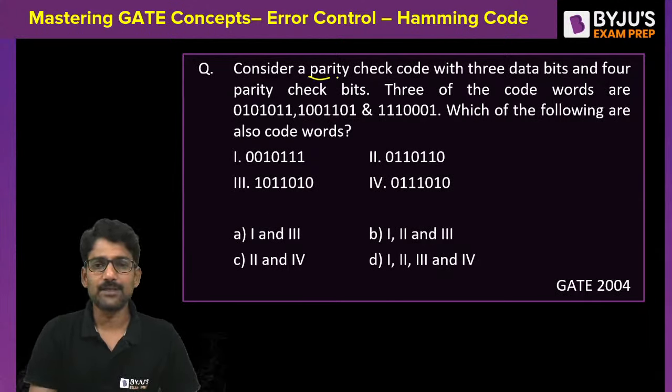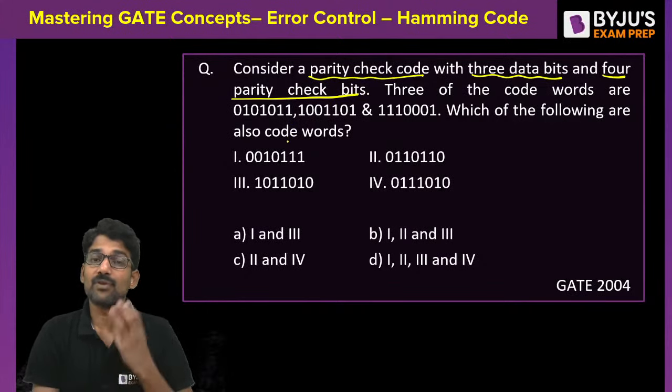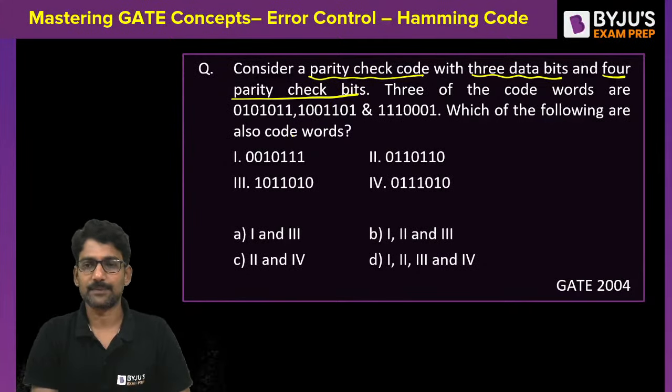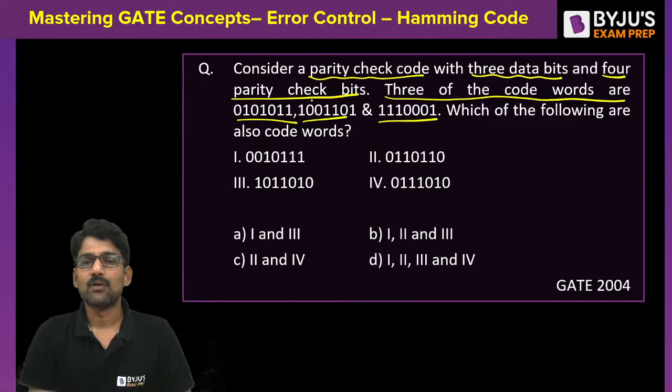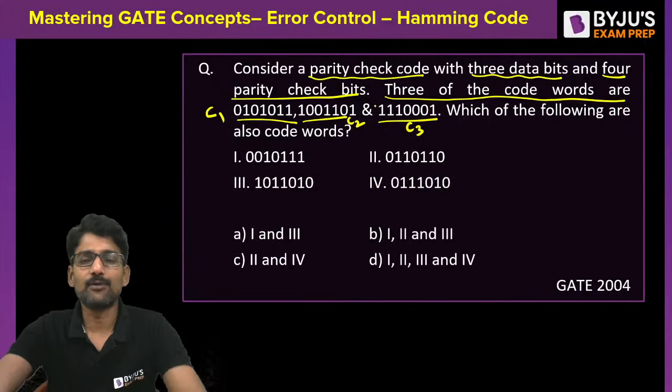Consider a parity check code with 3 data bits and 4 parity bits. 3 data bits, 4 parity bits. 3 of the code words are given. Which of the following are also code words? So we are given with 3 code words, C1, C2, C3. From these we have to find out what are the other code words valid.